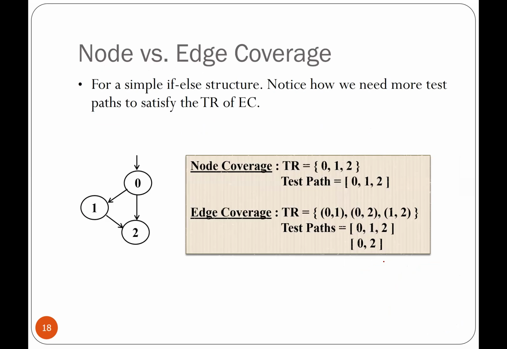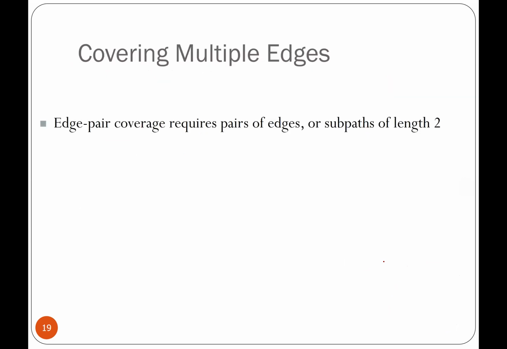So we just talked about this here. That was actually the example that I was just mentioning a moment ago. Okay. From this point on, the higher levels of coverage criterion is basically based on increasing the number of edges that we need to cover.